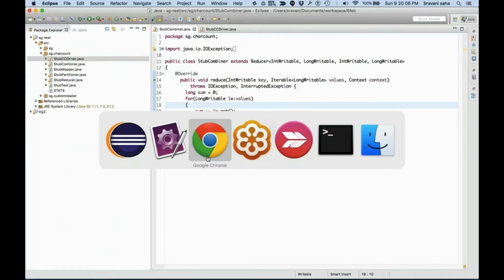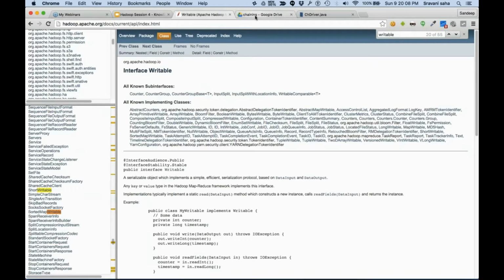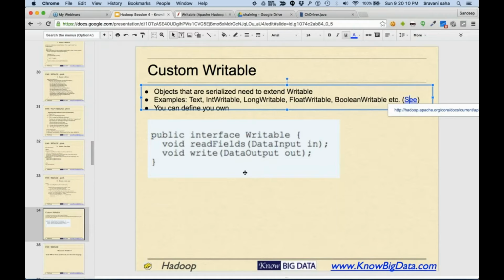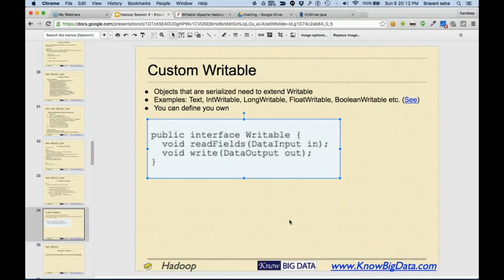If you want to create your own writable, all you need to do is implement the interface called Writable, and it should be able to read fields from the input binary data and convert data into the binary output while writing. So your object needs to know how to read data and write data. That's it.